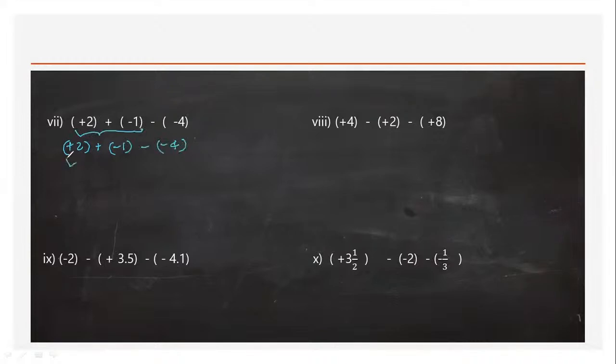When we add these two, plus 2 and plus minus 1, you have to take the difference, that is plus 1. Minus minus 4. Then plus 1. The additive inverse, we can put the addition sign here. The additive inverse of minus is plus. You can write 1 and 4, the answer is plus 5.